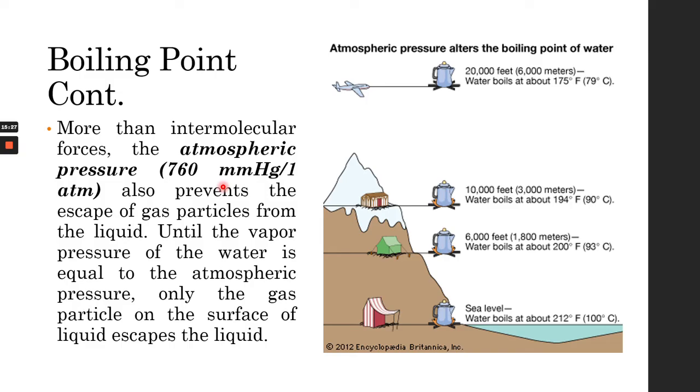All around us, our atmosphere is composed of carbon, oxygen, nitrogen, etc., and all of these gas molecules are exerting pressure onto us. This pressure is what we call atmospheric pressure, and the units we use are millimeters of mercury and atm, or atmosphere. At sea level, where we are living right now, the atmospheric pressure is 1 atmosphere.